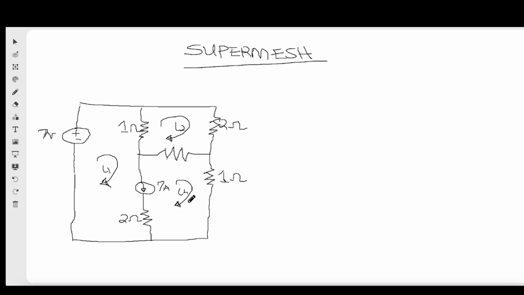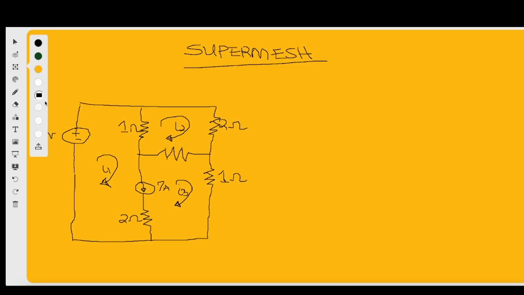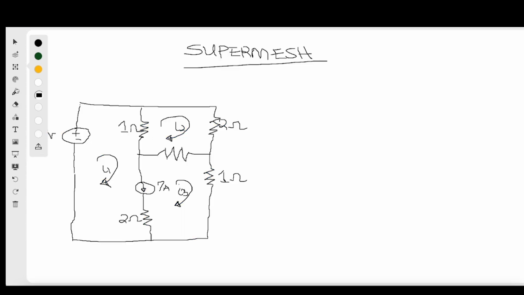Mesh 1 and mesh 3 have a current source in between them, so I'll take it as a super mesh. So this is the super mesh.